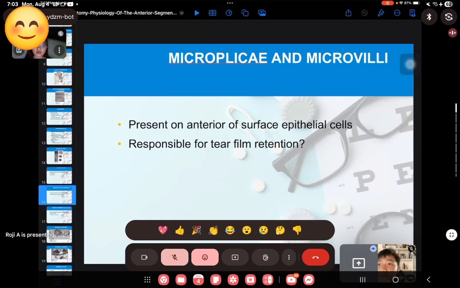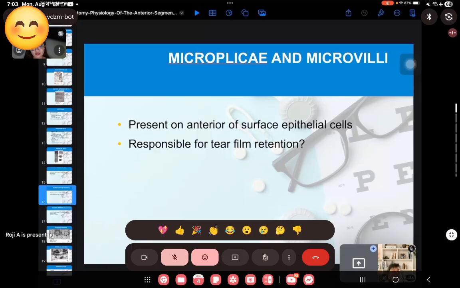No questions. All right. So the microplicae and the microvilli is something that you have to understand. Why is it wet? Whenever you take a bath, you get wet, correct? So how do you dry up? Use of towel, Doc.